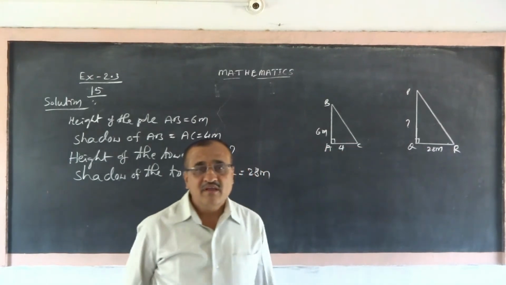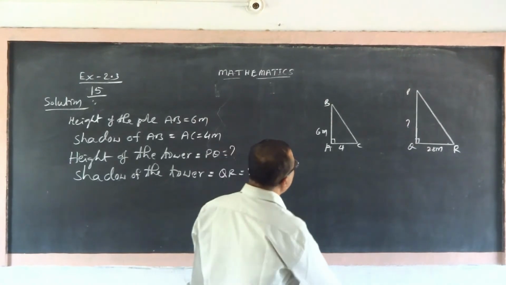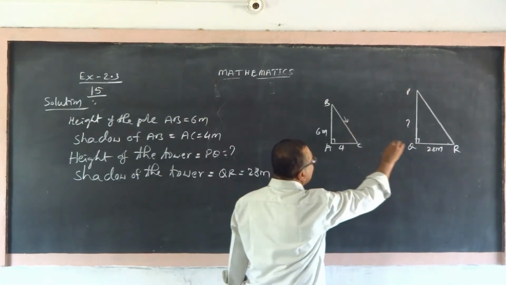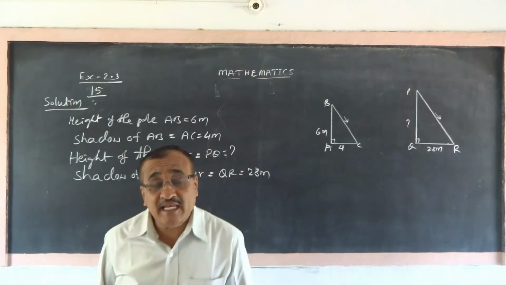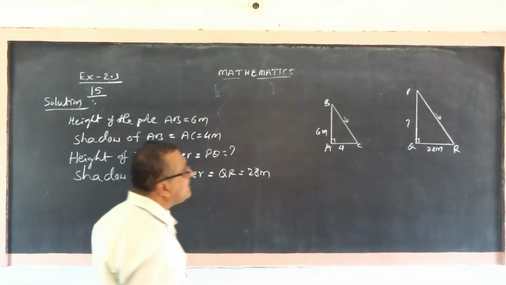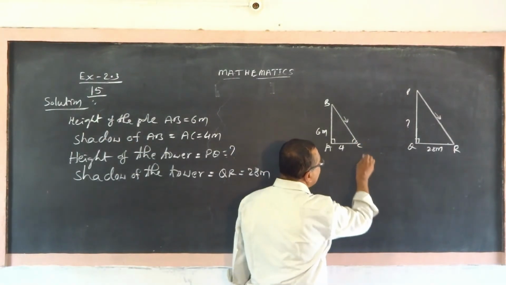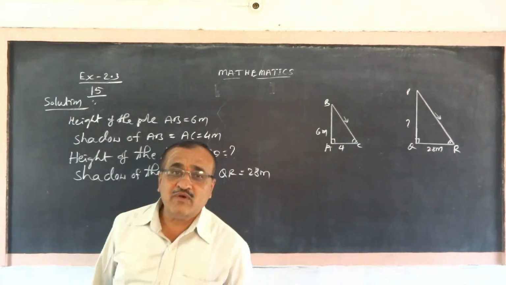Why? Always, say this is the sun ray. The sun rays are equally inclined. When they are equally inclined, angle C is equal to angle R. Sun rays are always equally inclined.